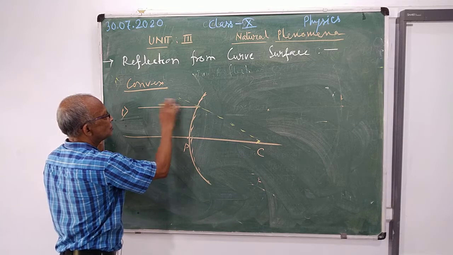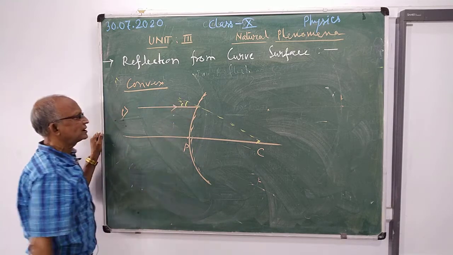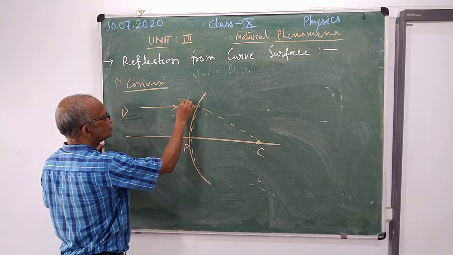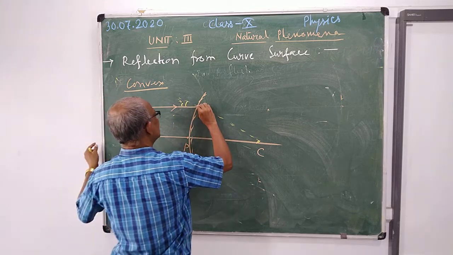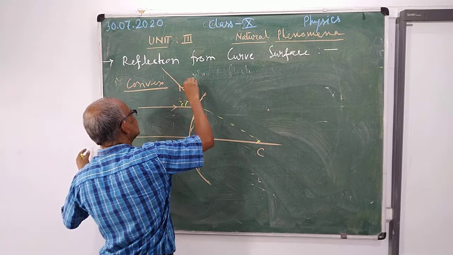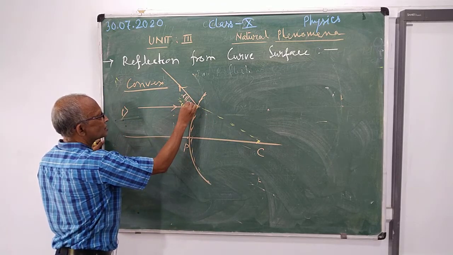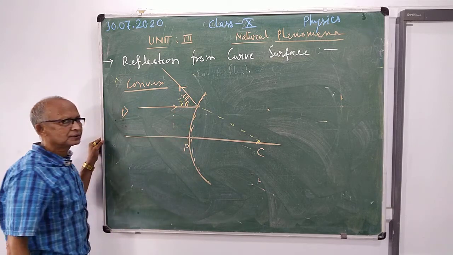Okay, then this is i, angle of incidence. Now draw the reflected ray so that with the normal it makes equal angles, this angle is r and this angle is r, they are equal.